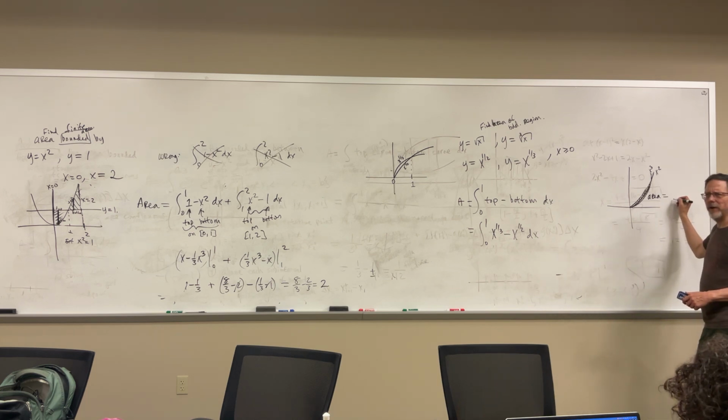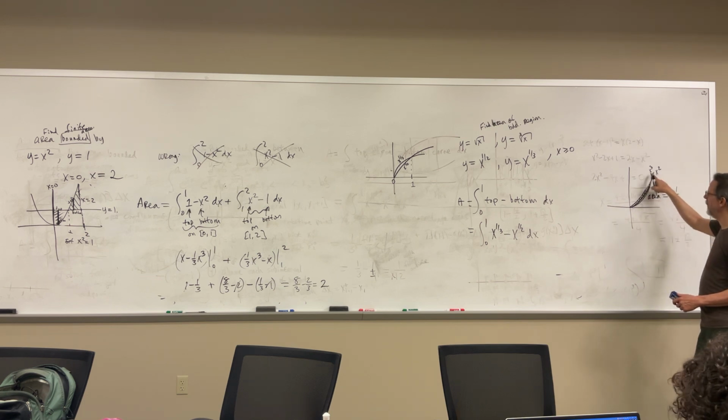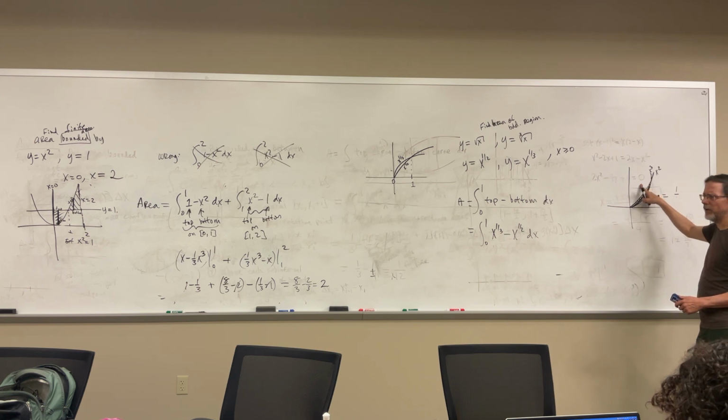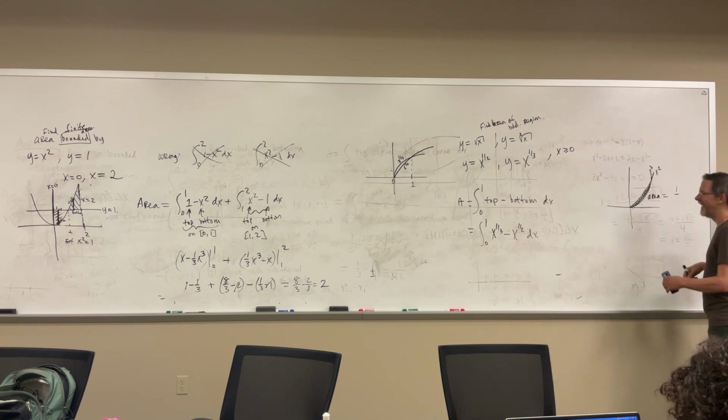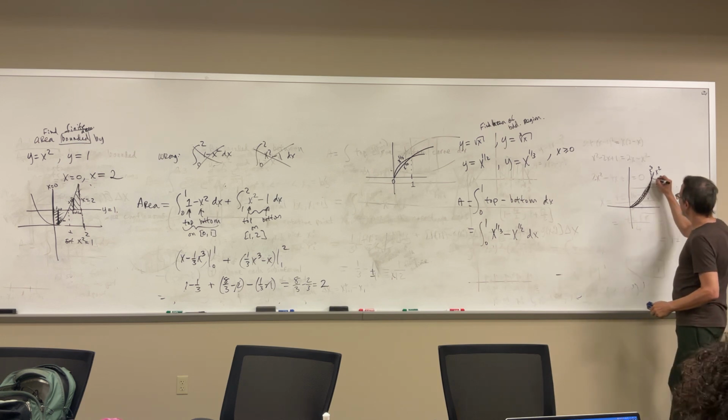What was that first area? Was it a 1/6? What did we get for the first area when we did between x cubed and x squared? I'll do it again. I'm pretty sure it's a 1/6.